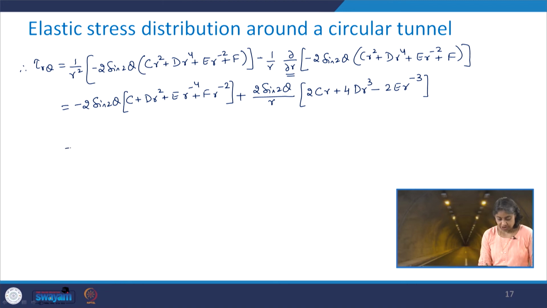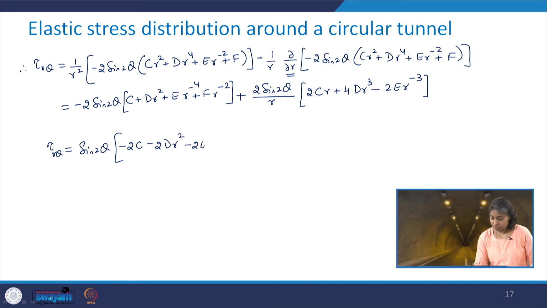So what we are going to get is that tau r theta is equal to sine of 2 theta, that is minus 2c minus 2d r square minus 2e r to the power minus 4 minus 2f r to the power minus 2.